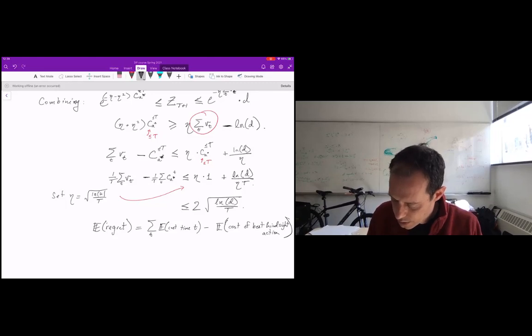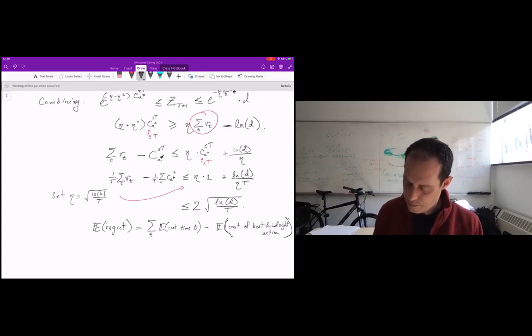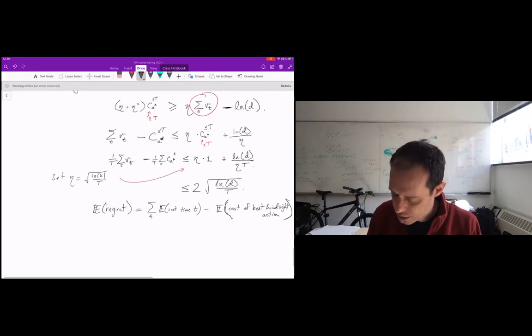Okay, just to make sure we're paying attention to the expectations properly, this expectation is over any random choices made by D and the adversary, and same thing in the other case. So this is the coins of D and the adversary.